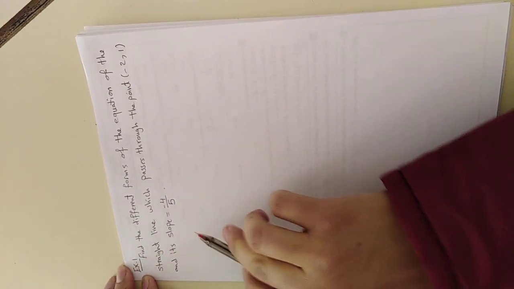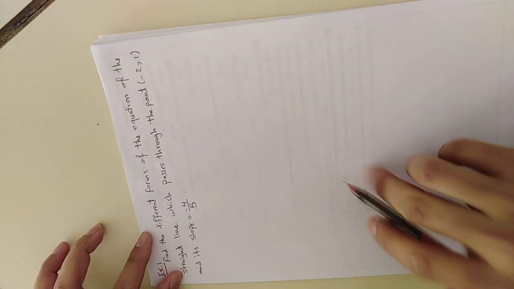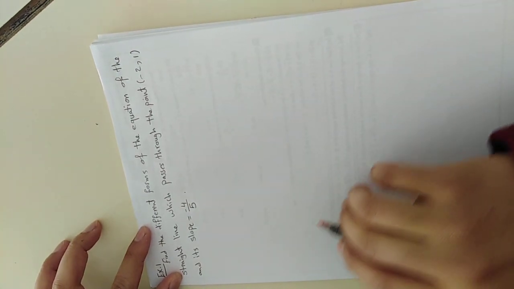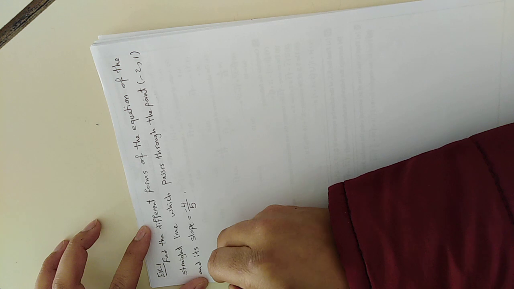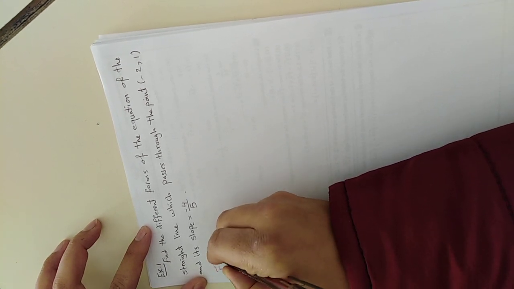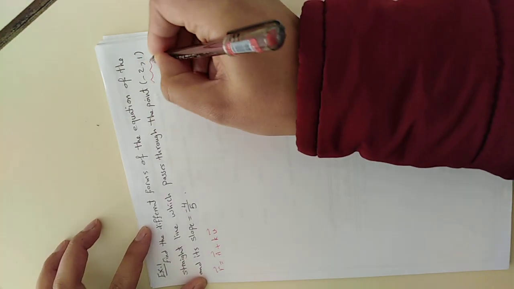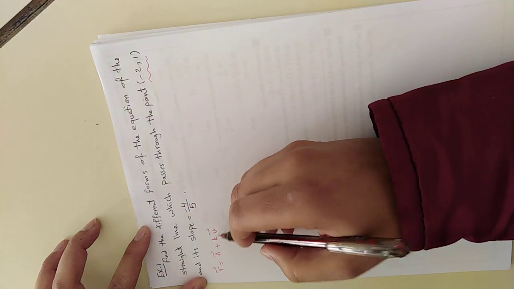Example number 1. Find the different forms of the equation of the straight line which passes through the point (-2, 1) and whose slope equals -4 over 5. The first form is the vector form, r equals a plus ku. This is a, and from the slope we can get u.